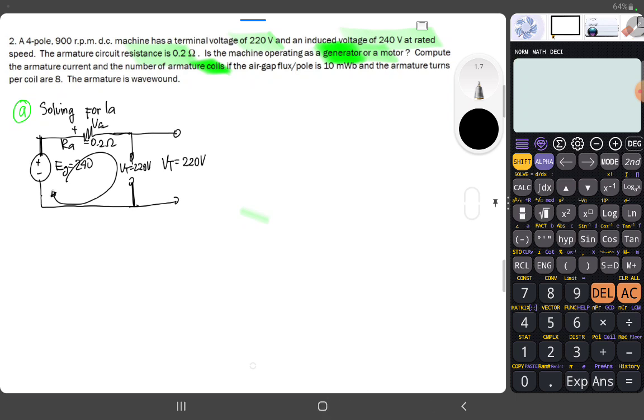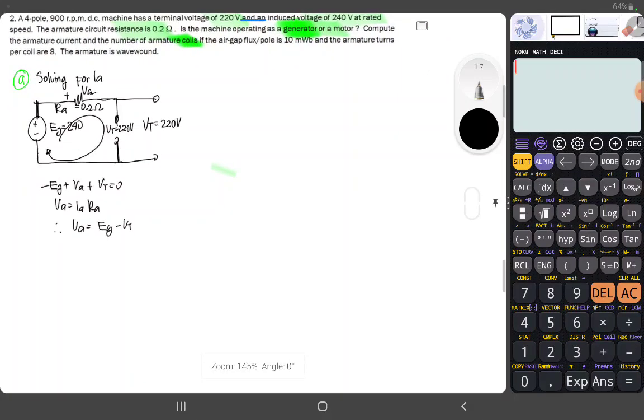Taking KVL at this mesh 1, we'll have negative EG plus VA plus VT equals 0. VA is equal to IA multiplied by RA, which is also equal to EG minus VT, so 240 minus 220. So IA is equal to 240 minus 220 divided by RA, which is 0.2 ohm.